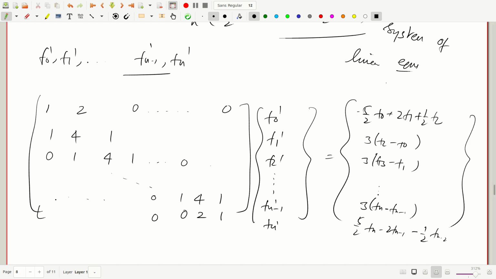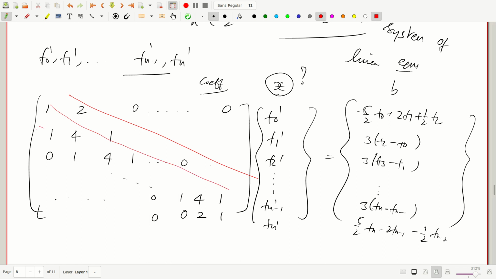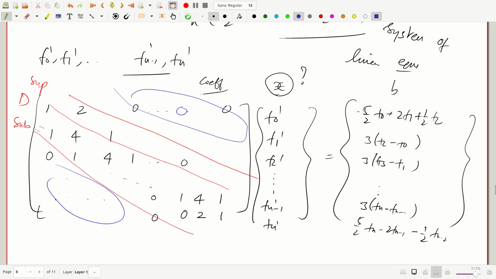So basically we have some right hand side vector b, this is x, the unknown, and this is the coefficient matrix. What you observe is that the coefficient matrix is banded. There are only three diagonals: the main diagonal, the sub-diagonal and the super-diagonal, and everything else is zeros.